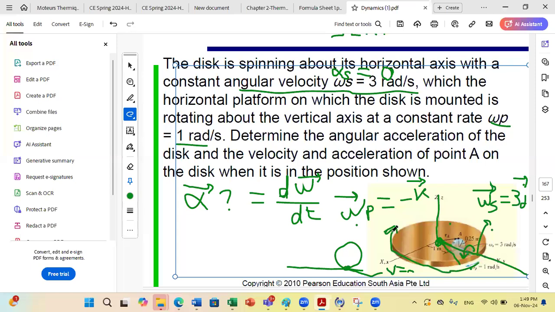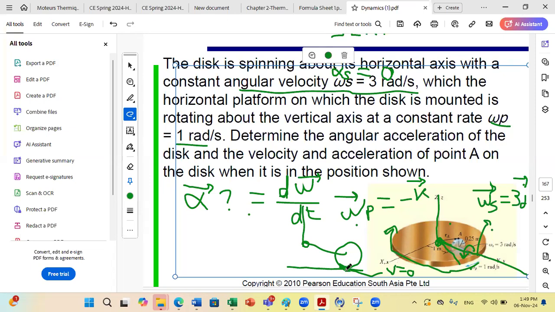But in case, for example, you have a disk moving on a surface, rotating about its own axis, and its axis is rotating, and the ground was fixed, then you could say that the instantaneous center of rotation should pass by this point because it has a velocity of zero, and also should pass by the intersection of the two axes of rotation.